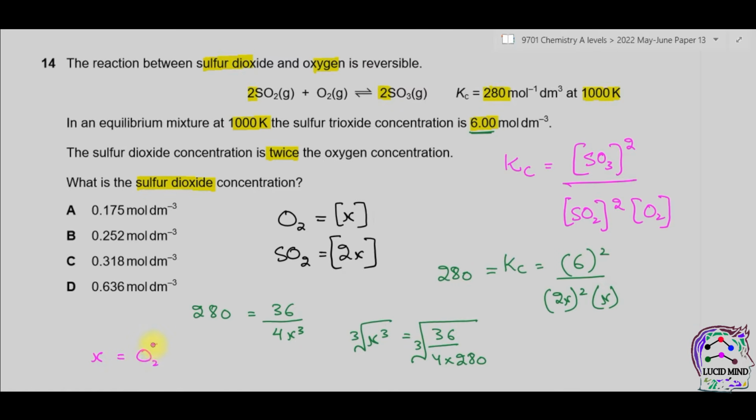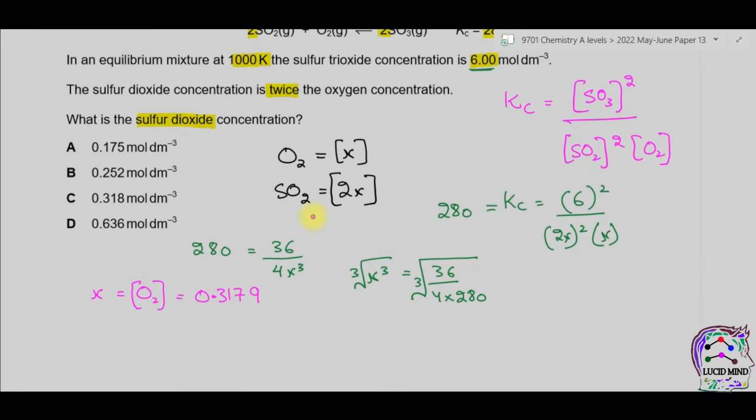As x is the concentration of oxygen, by calculation it comes equal to 0.3179. And the concentration of sulfur dioxide is double, so 2x is the concentration of SO2. So 2 times this value comes equal to 0.636 moles per decimeter cube. So that is the concentration of sulfur dioxide in this question. So the correct answer is therefore D.